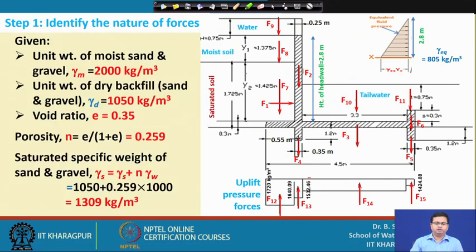Now, the next step is that you have to calculate the porosity, because the void ratio is given. Porosity equals e divided by 1 plus e, with void ratio equal to 0.35. So, we will get 0.259, and the saturated specific weight of sand and gravel will be equal to gamma S plus n gamma W, because up to level y 2, you can see in this figure, our soil is saturated, and in the saturated soil, how much water is there?